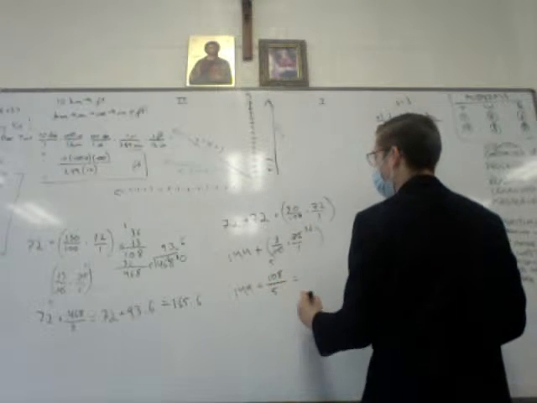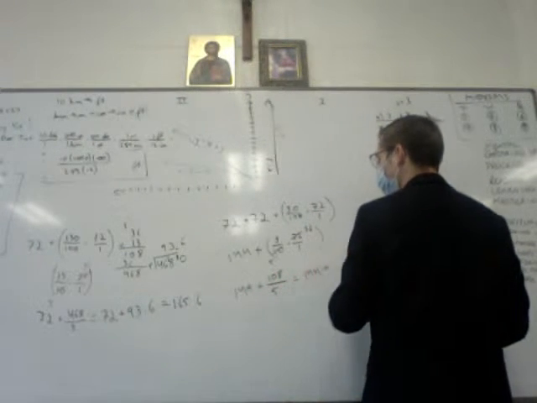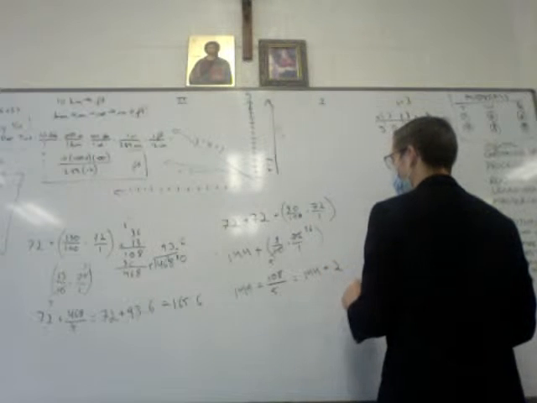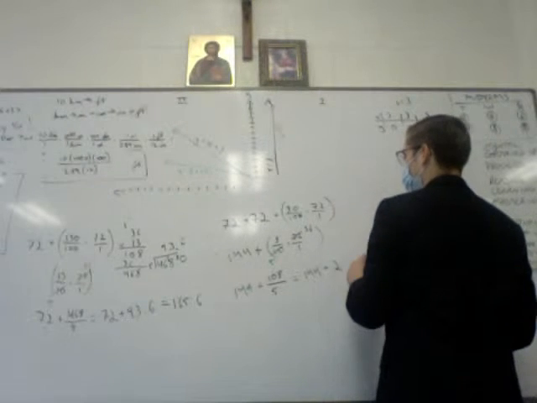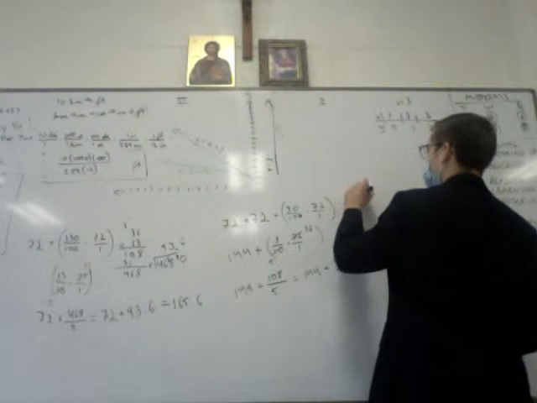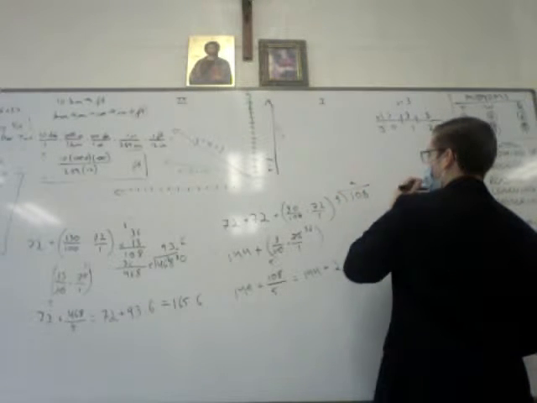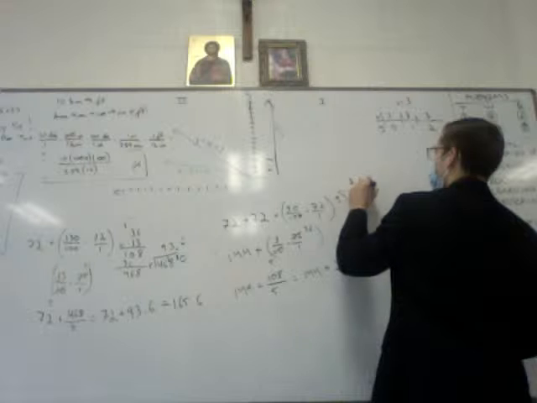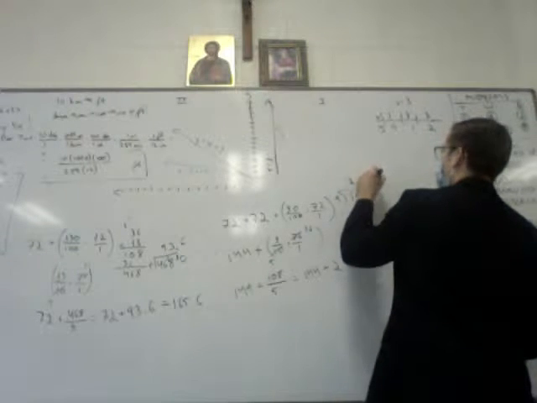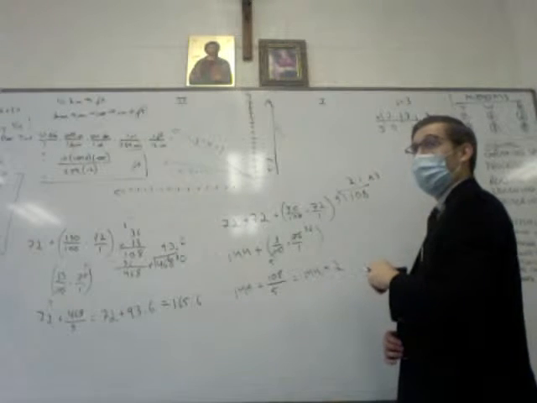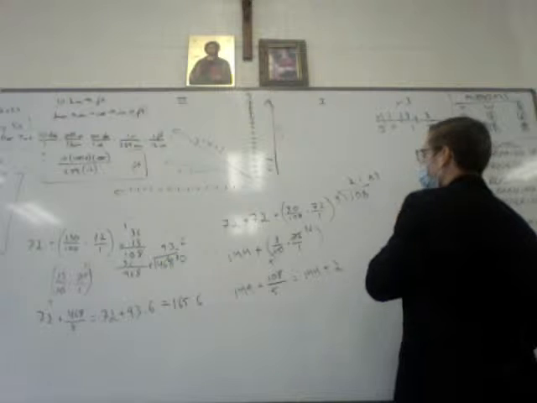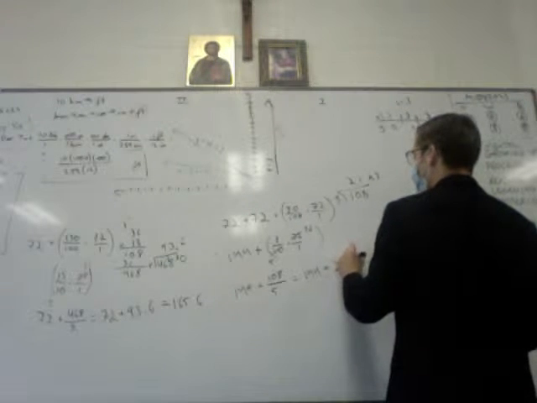Turn that into a mixed number. When we divide by 5, 5 goes into 108 21 times, with 3 left over. So 21 remainder 3, so 21 and 3/5.